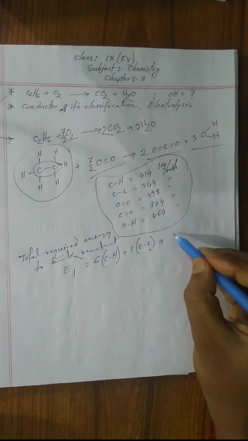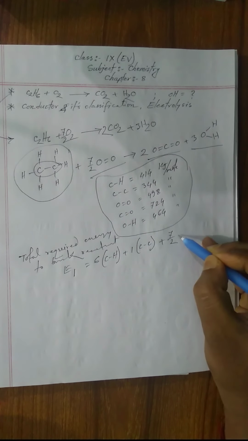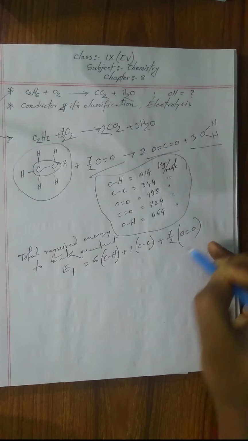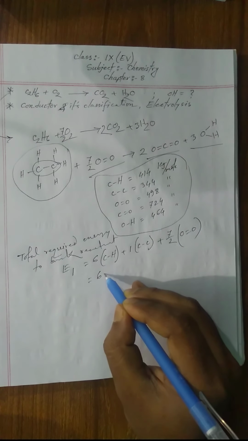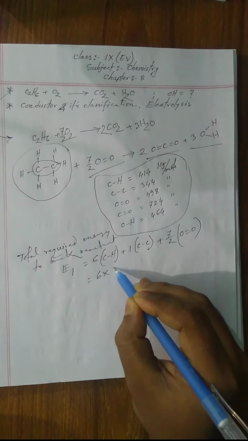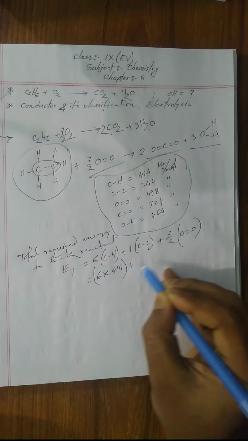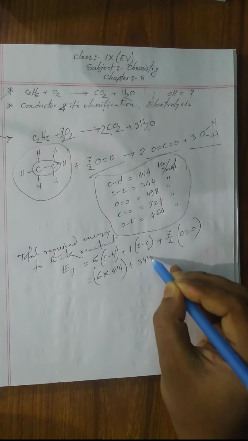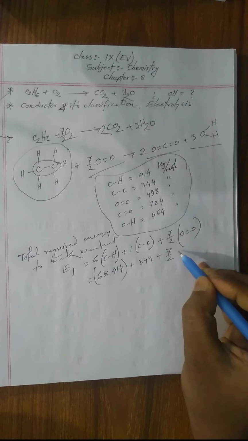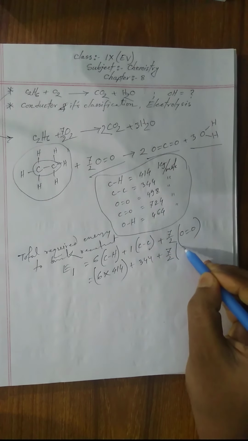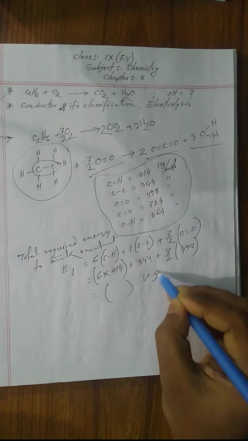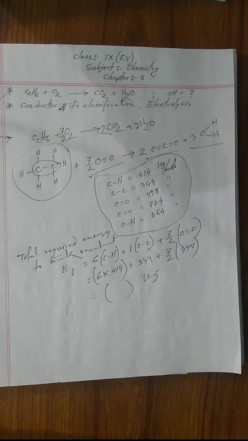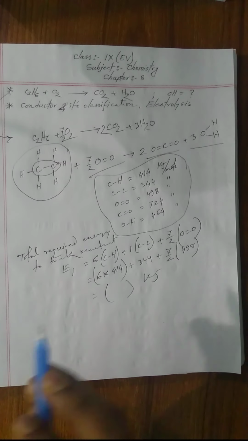And for this one, 7 by 2 and the value of oxygen. Now 6 multiplied by CH bond 414, CC bond 344, 7 by 2 multiplied by oxygen 498. So here we can get a value which is the total required energy to break reactants.